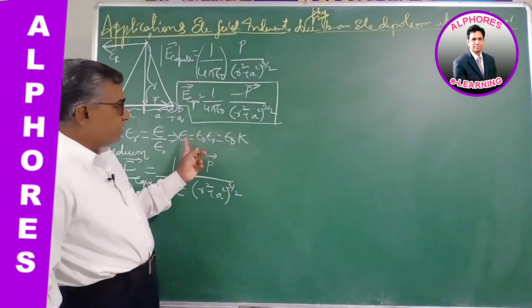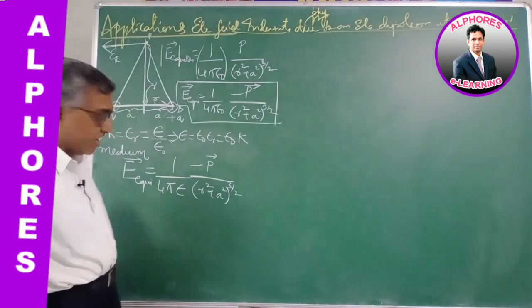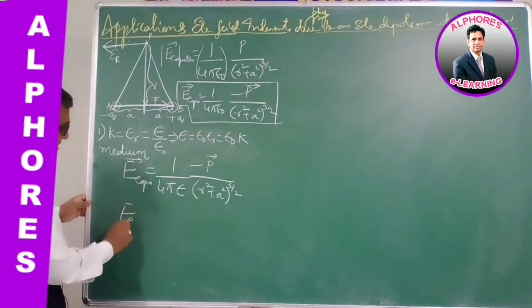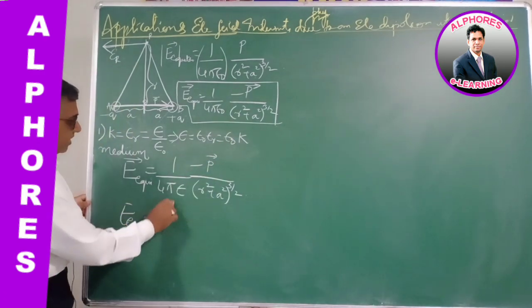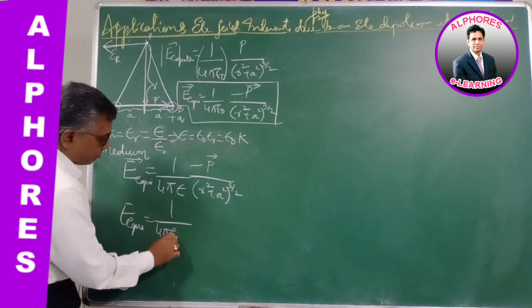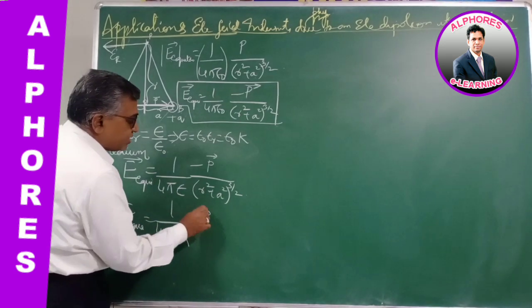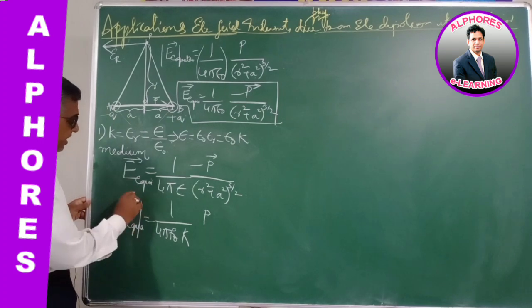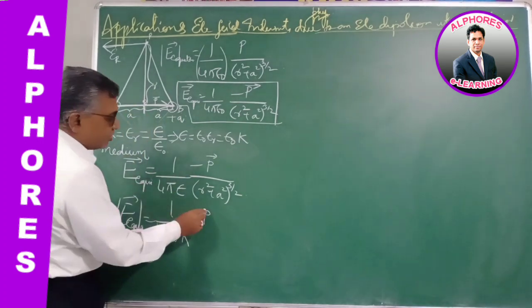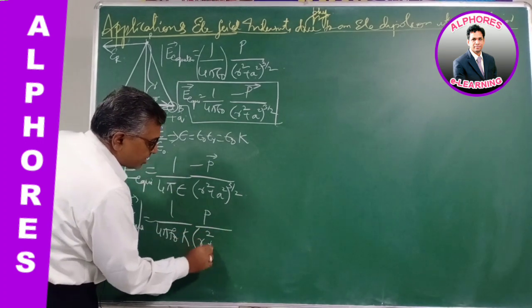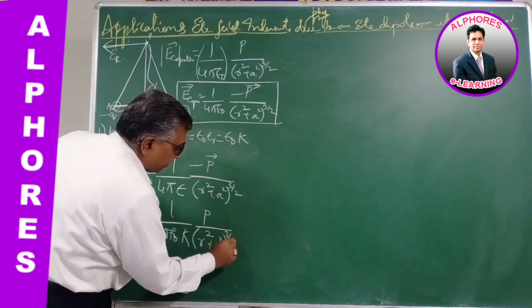Now substituting epsilon equal to epsilon naught K, the electric field intensity on the equatorial line is 1 by 4 pi epsilon naught K, into p by (r square plus a square) whole power 3 by 2. This is the magnitude; the direction is known.